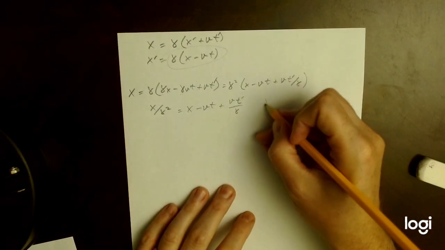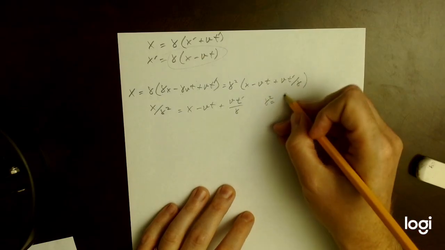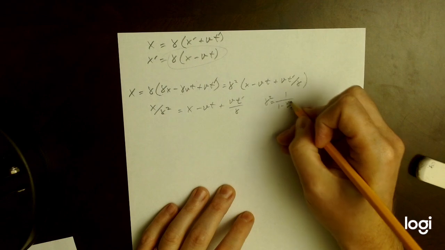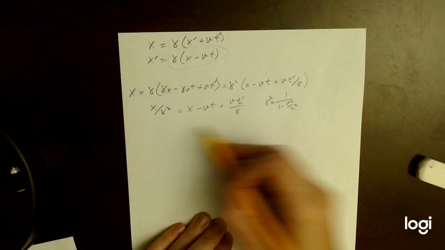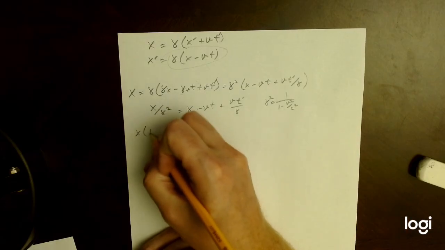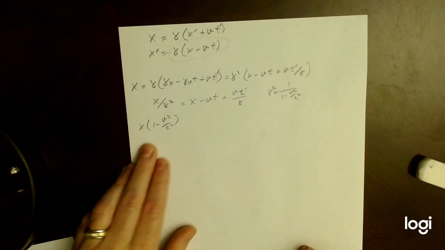And remember what gamma is. If I say gamma squared, that's just going to be 1 over 1 minus v squared over c squared. So if I say x divided by gamma squared, that's just x times (1 minus v squared over c squared), like that.